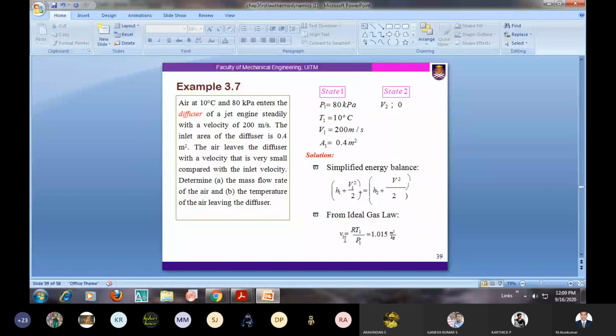From the ideal gas law, we have PV is equal to mRT. So here we can calculate the specific volume at state 1.